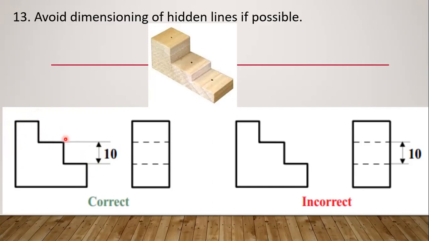So this line is an outline, it's not a hidden line, and this other one, we are putting a dimension there. You see? So it's incorrect if you place your dimension line in such a way that it is describing or connecting to a hidden line. That's what you want to avoid.